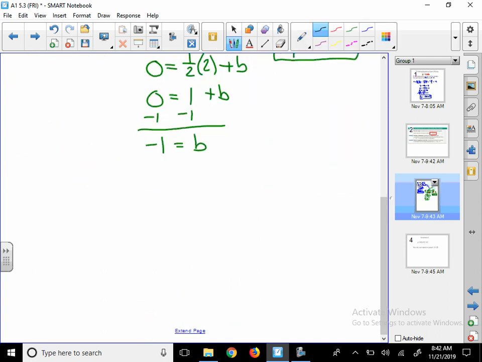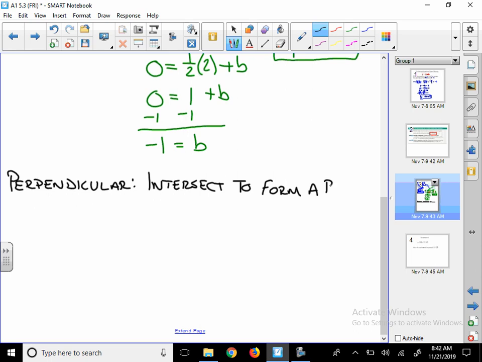Perpendicular just means that the lines intersect to form a right angle. Okay, again, hopefully you guys have heard of right angles before, but if you haven't, that is an angle that measures 90 degrees exactly.